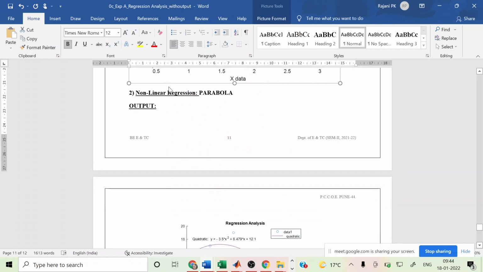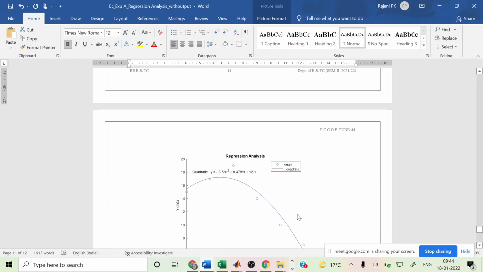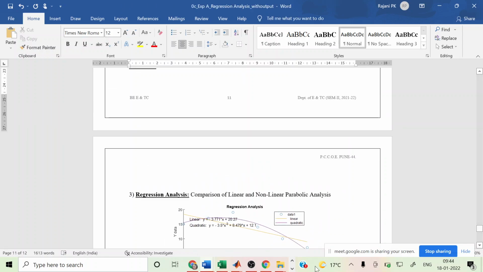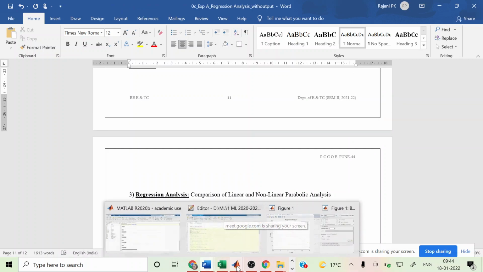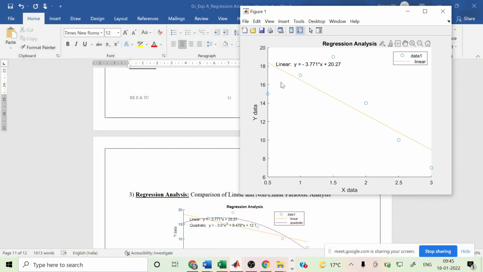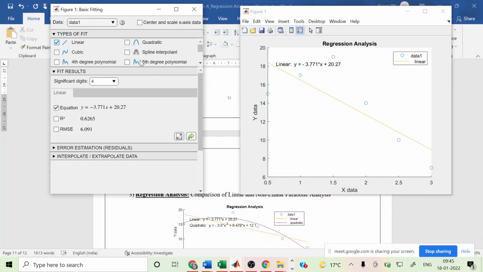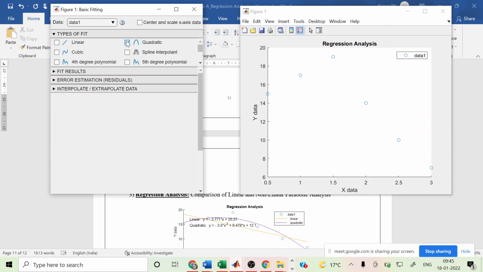Next one is non-linear, that is the parabola. How do we do it for the parabola? I'm just deleting this. Only for the parabola, or you can think of it as a quadratic equation. For that, go with this. Now instead of linear, you remove this and go for only quadratic.